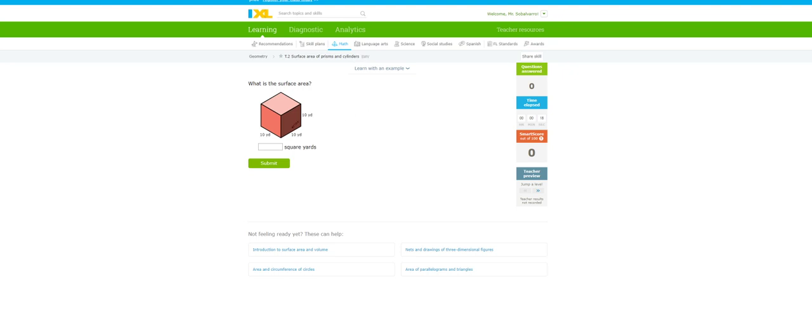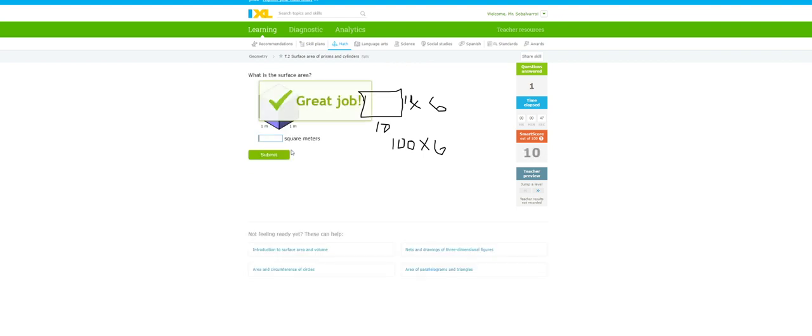So if you have one face and you have 6 of them, all the same, and it's 10 by 10. So 10 by 10 is 100. Then you're going to multiply that by 6, which is going to be 600, because they're all the same again.